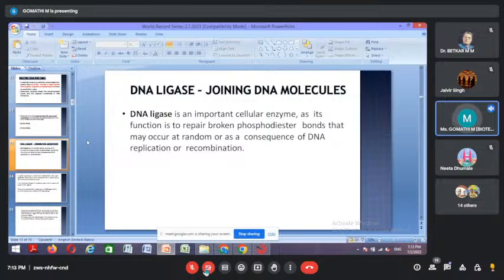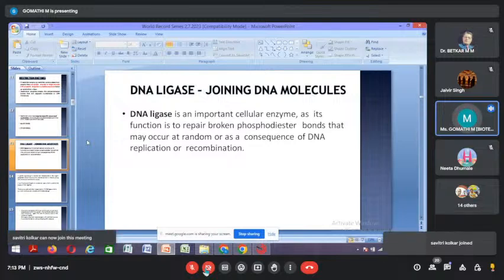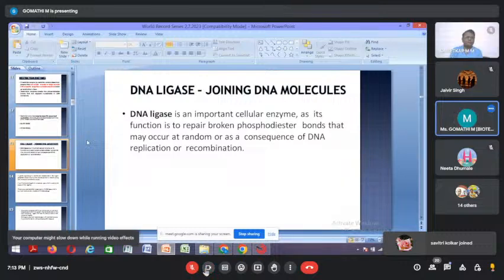And here we are going with recombinant DNA. So during recombinant DNA also, the DNA fragments are cut and joined together. For joining, this DNA ligase is required to join two fragments of DNA.